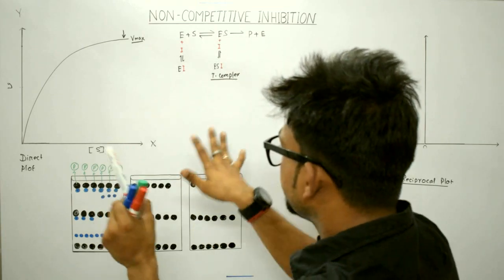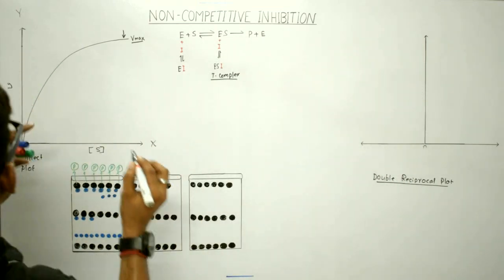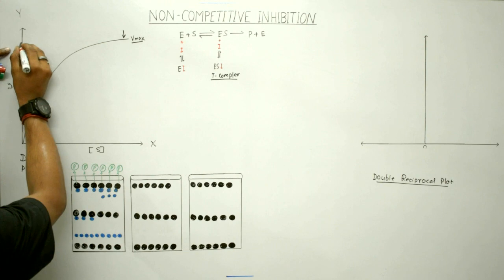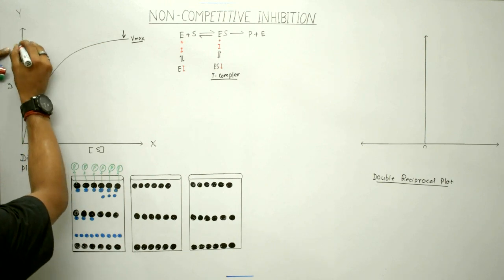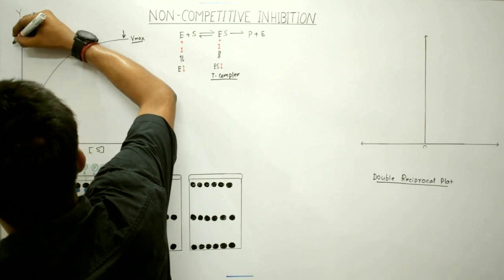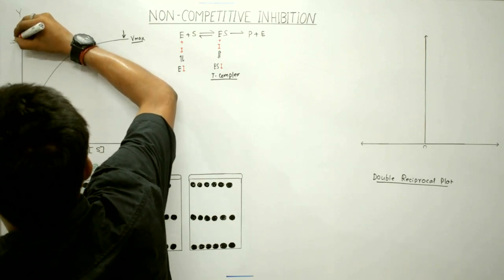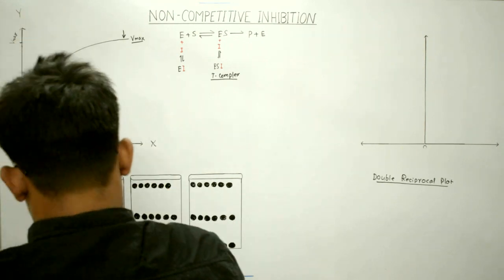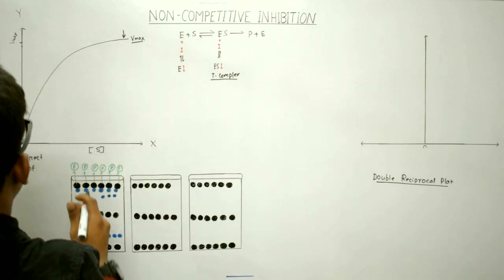Now let me tell you another thing. Assume that this particular point along the y-axis represents Vmax.